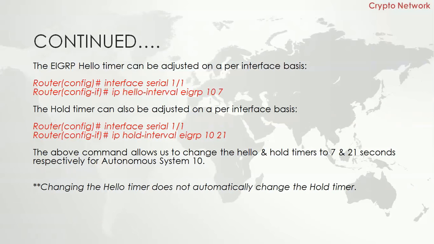So changing the hello timer does not automatically change the hold timer. So we have to change the hold time as well. In order to change the hold interval, the command is ip hold-time eigrp, AS number, and 21. Simple as that. All right.